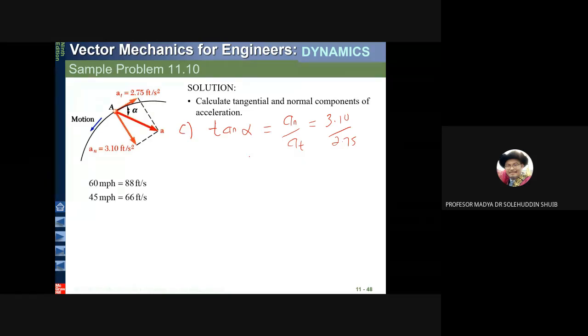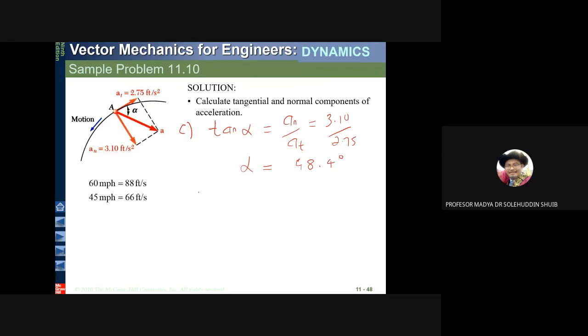Then you find the inverse tangent of this value, so you obtain alpha is 48.4.